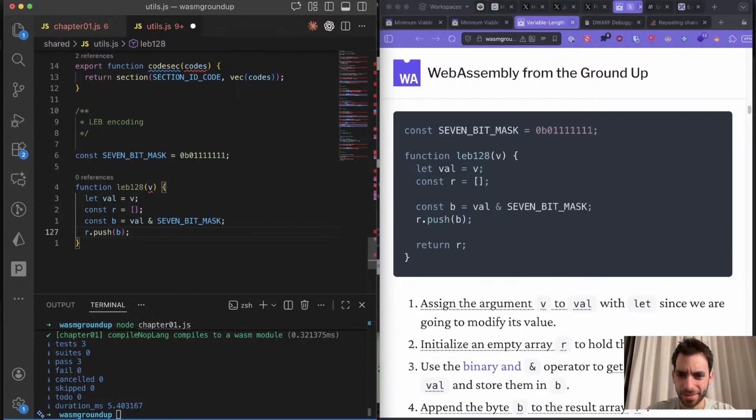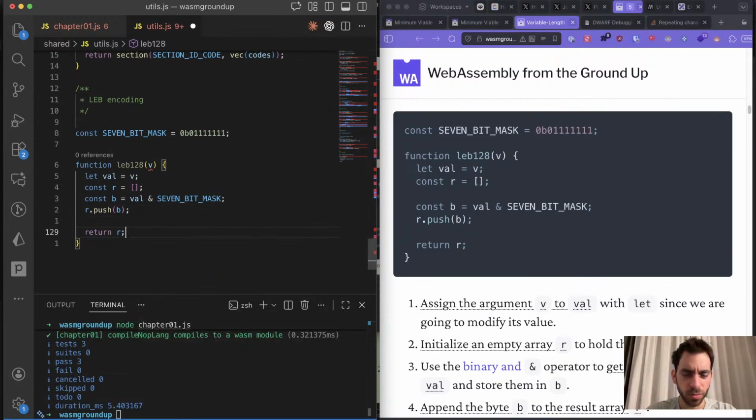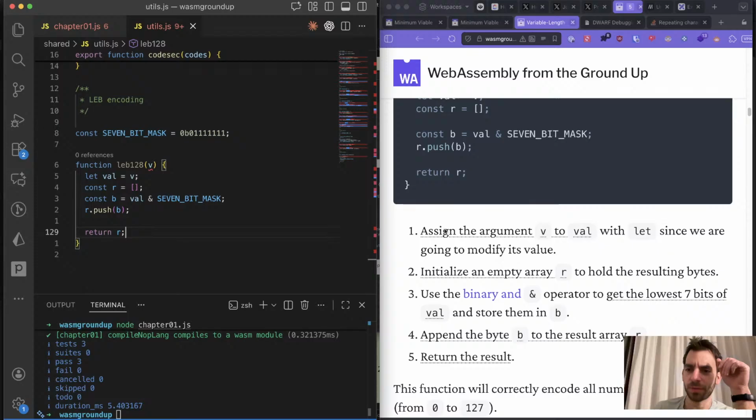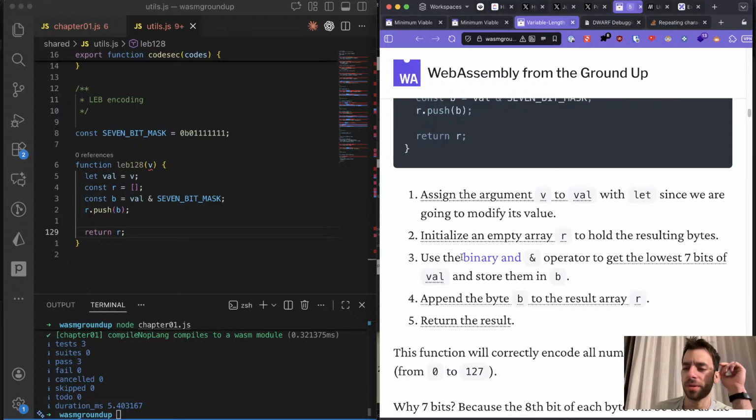And besides using the modulus, we are also going to use a for loop so we can extract all those things. So assign the argument v to val with a let, since we are going to modify its value. Initialize an empty array r to hold the resulting bytes. Use a binary and operator to get the lowest 7 bits of val and store them in b.